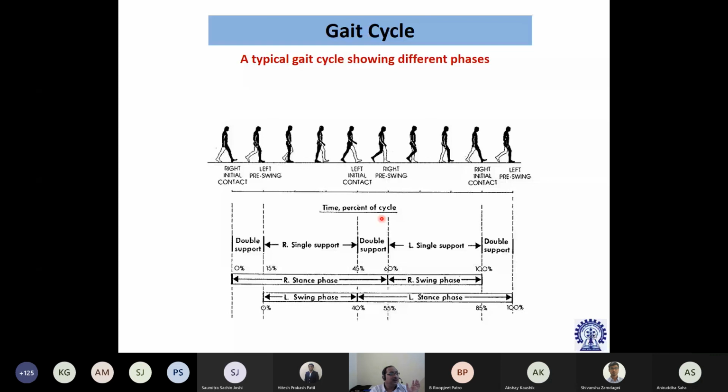There is a textbook by Nordin and Frankel, and when you open this Mechanics of Human Body folder, you will see a lot of lectures, questions of earlier years, and also books and papers. The Nordin and Frankel book, N-O-R-D, I'll just write it for everybody in the chat box.